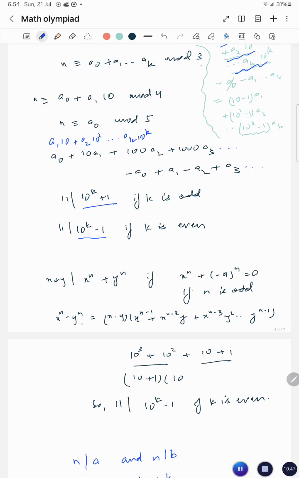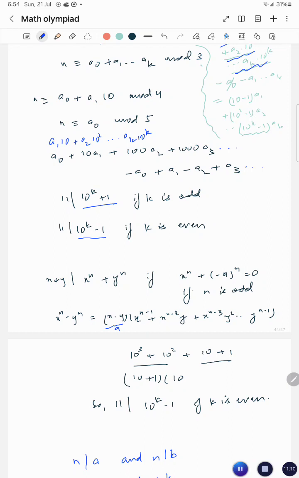For 10 to the k minus 1, this factorization can be used. Putting y as 1, this will become 9 times this expression, where n minus 1 is odd and y is equal to 1.